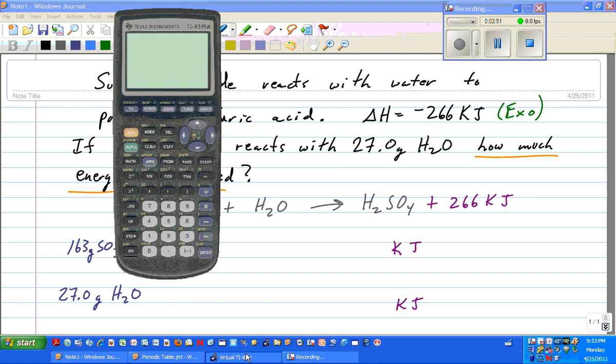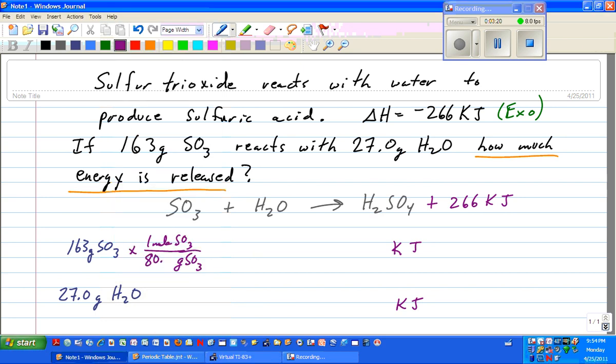I'm going to need to add this up. I know that I've got 3 times 16 for my oxygens is equal to 48, plus another 32.07 grams is going to give me 80.07 grams of sulfur trioxide.